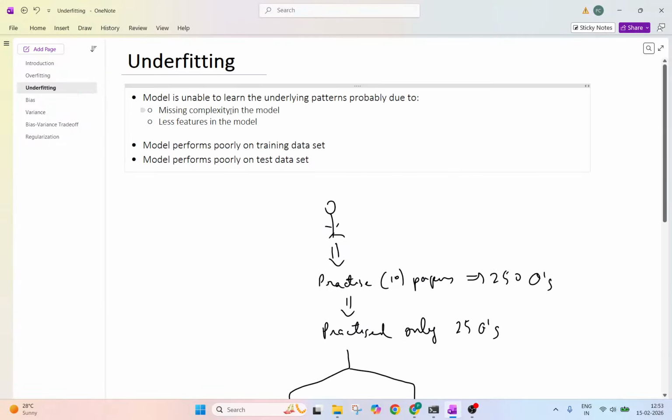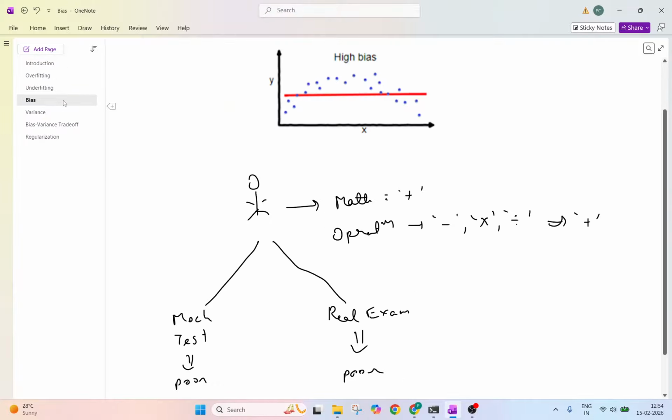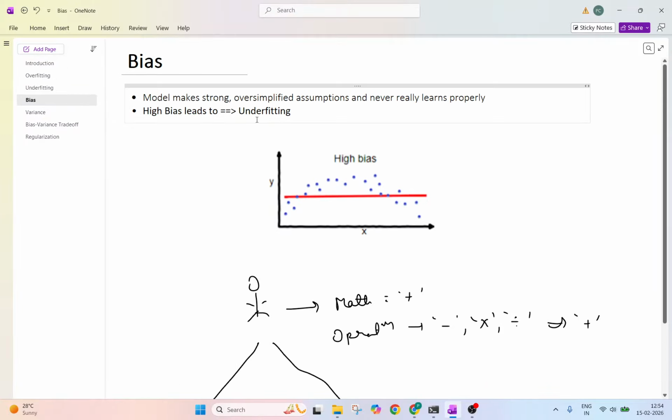In underfitting, the model is unable to learn the underlying patterns at all. As a result, it performs poorly on the training data set and also poorly on the testing data set. Bias is what leads to underfitting, because the model is too simple. It doesn't learn all the underlying patterns in the data.